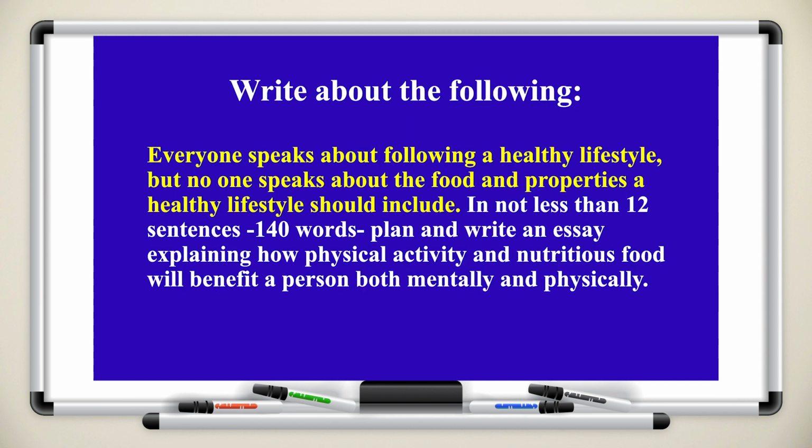Okay, if the question in the exam was, for example: everyone speaks about following a healthy lifestyle, but no one speaks about the food and properties a healthy lifestyle should include. In no less than 12 sentences, meaning 140 words, plan and write an essay explaining how physical activity and nutritious food will benefit a person both mentally and physically.